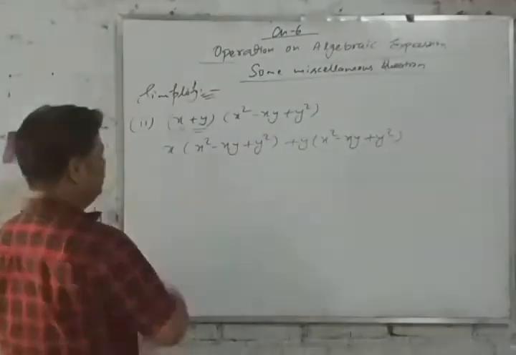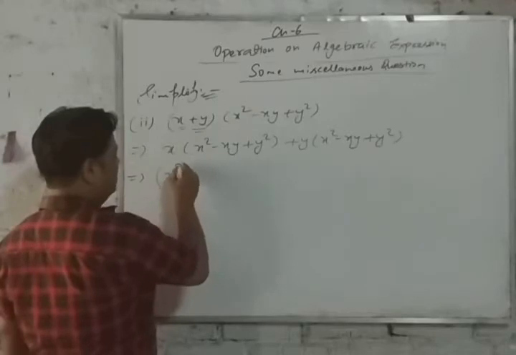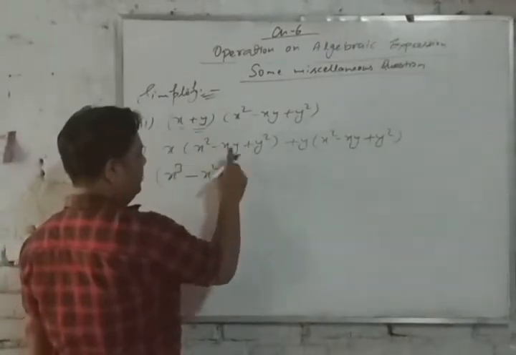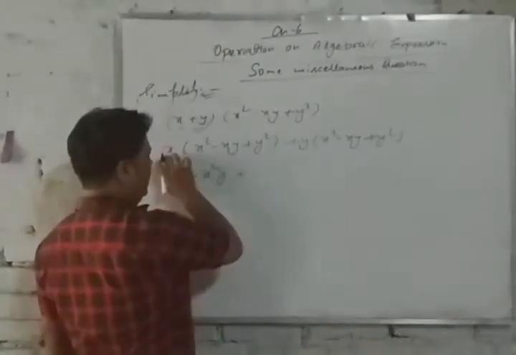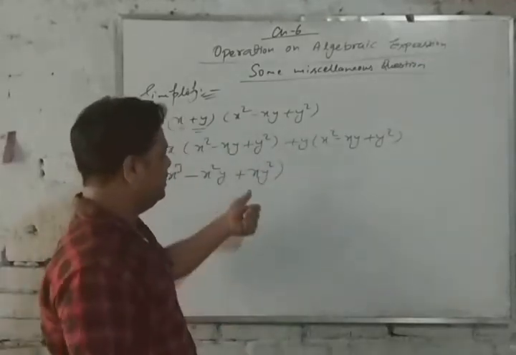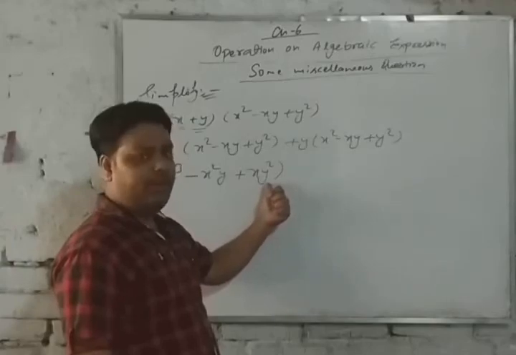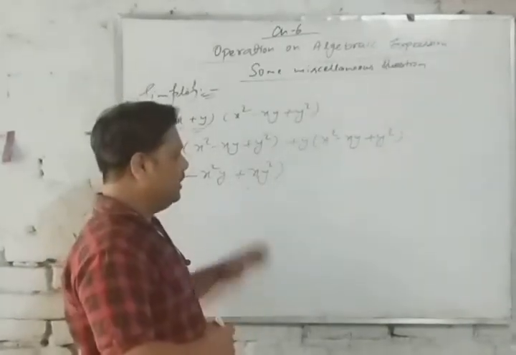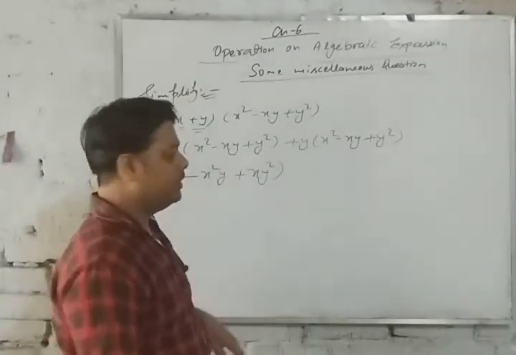Now multiply it and keep it in bracket, then it will be x cube. Here x square with power 1, but only y is written, so we will write only y, then here x y square. Always write the alphabets in alphabetical order. If you write in alphabetical order, then you will not be confused.